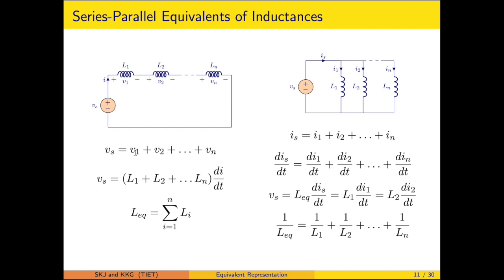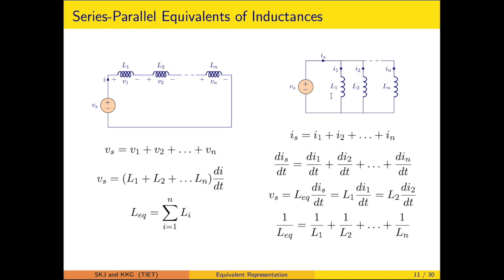If we spell out V1, it is L1 di upon dt, because I1 is equal to I2 is equal to IN, so the currents are common. Because of this the equation is translated like this, and ultimately we have the same expressions as in the case of resistance. So the equivalent inductance in this case is the sum of all the series inductances.